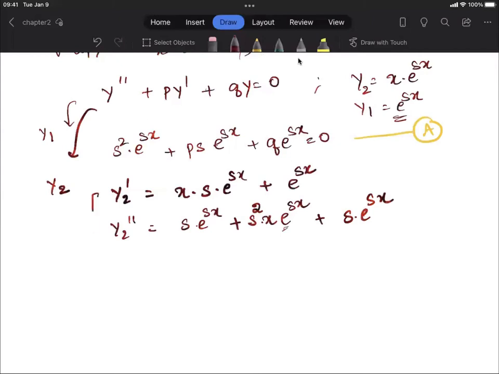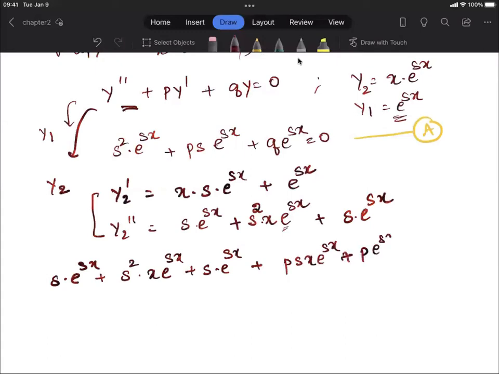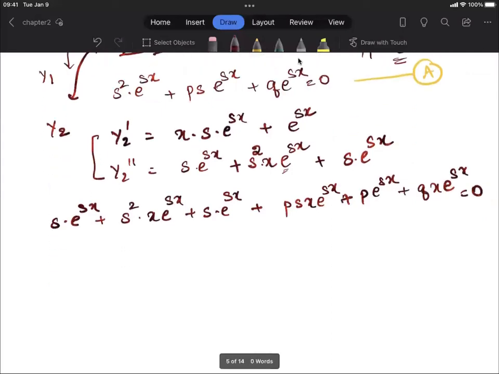Now I'm going to plug these two into this equation. All I did was plug in the values of y2, the first derivative of y2, and the second derivative of y2 into the linear differential equation.